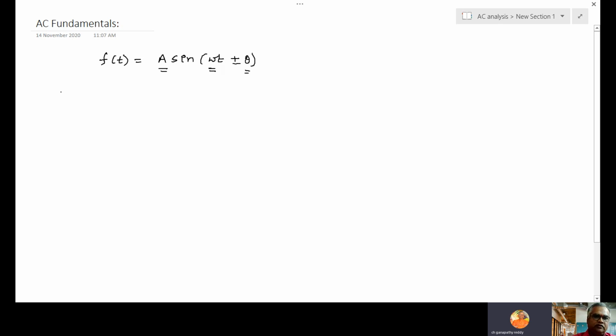So basically this A is amplitude, or peak value of the signal, or maximum value of the signal.